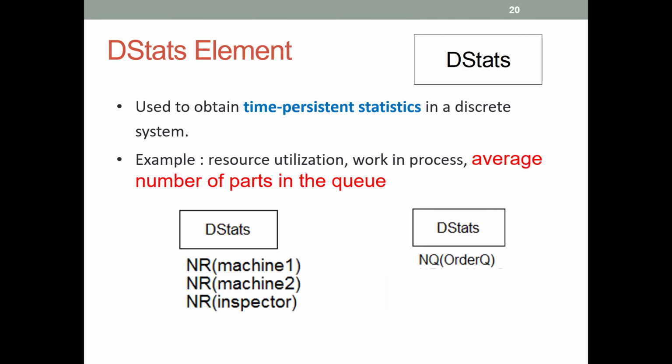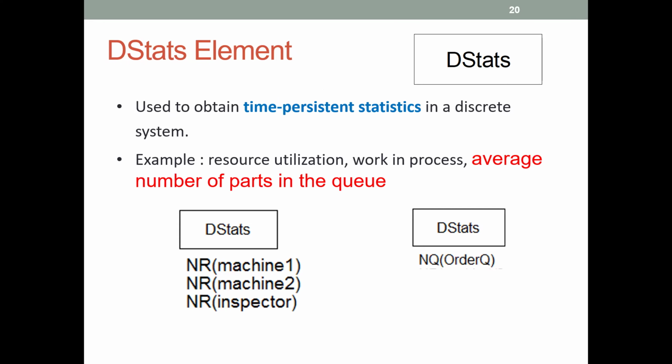What is new for today? We talk about these stats already. So now we talk about how to compute the average for the output report. When we talk about utilization, today we're adding another DSTAT, which is the average number of parts in a queue, right?